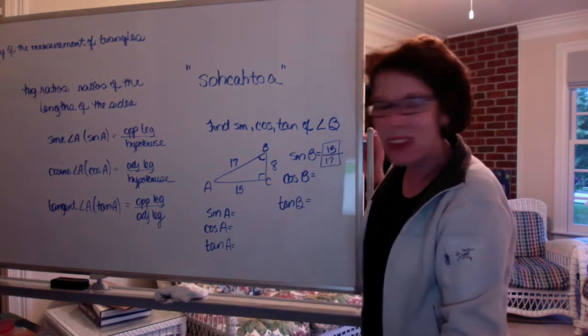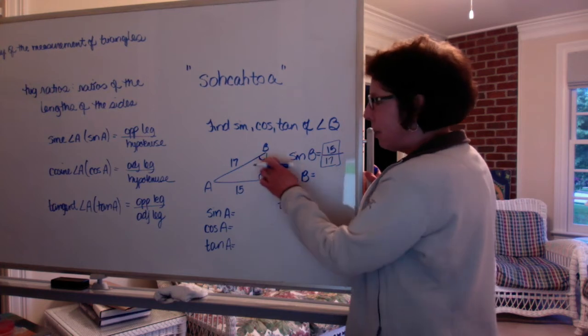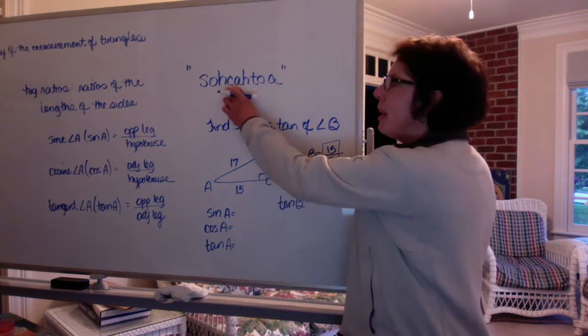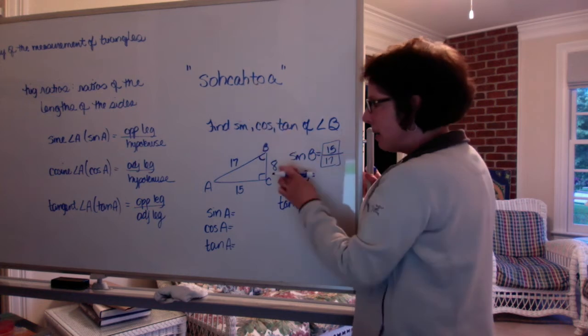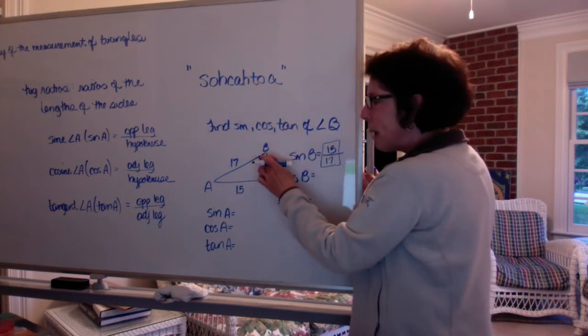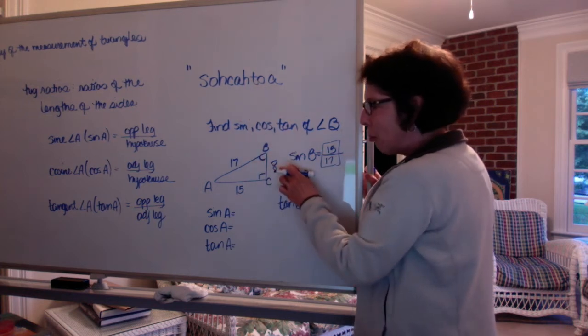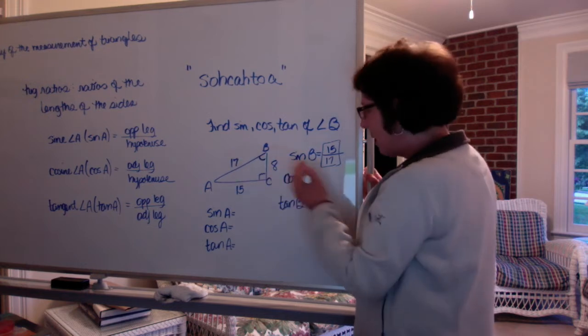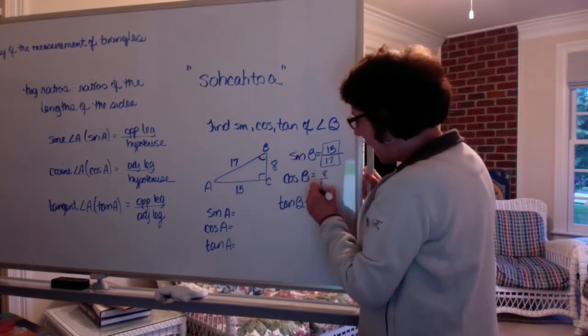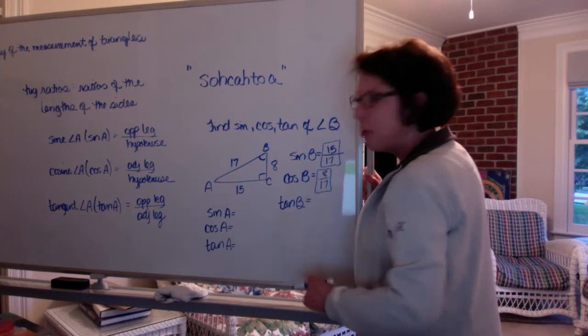It's a fraction. Let's go to the cosine of angle B. The cosine of angle B is going to be the adjacent leg over the hypotenuse. Well, angle B, what's my adjacent leg? It's the leg right next to angle B. It is 8, and we know the hypotenuse is 17. So 8/17 is the cosine.